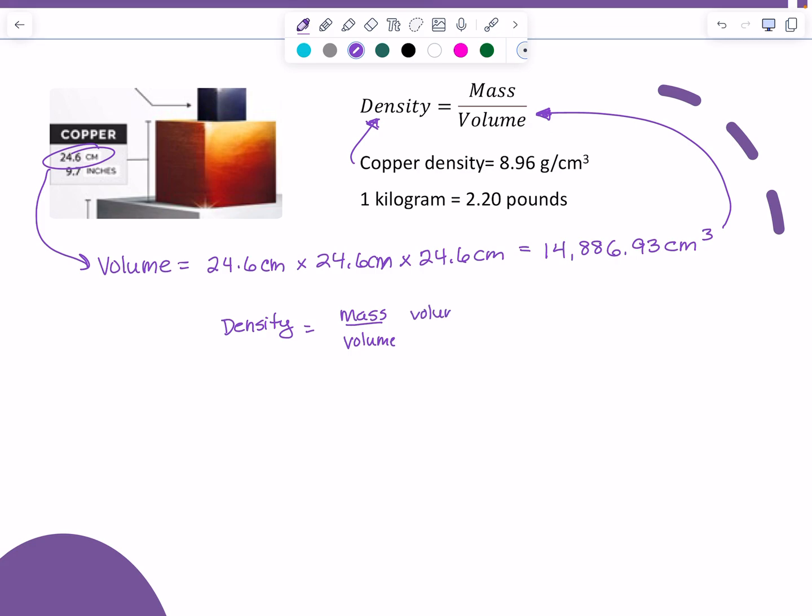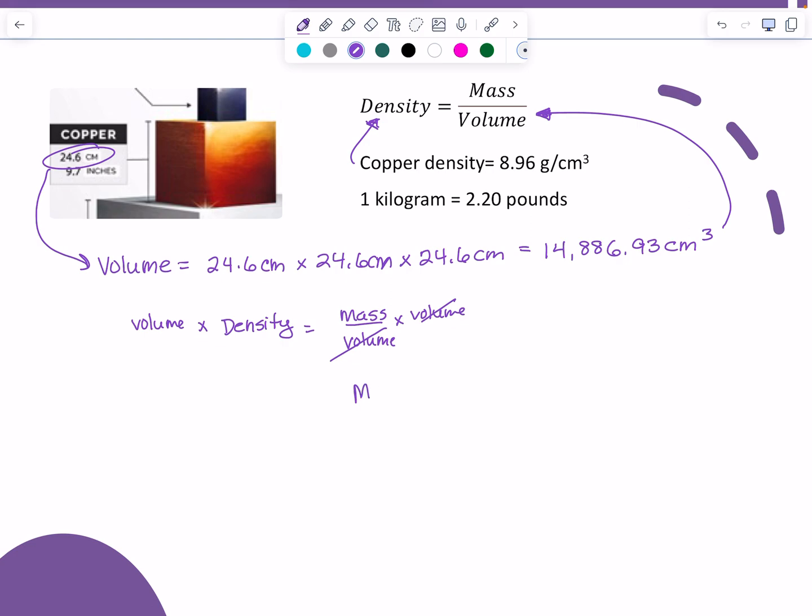That's how I get rid of the volume on the right-hand side. And now I have an expression that's mass equals volume times density.